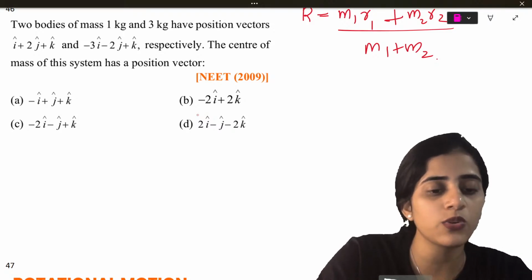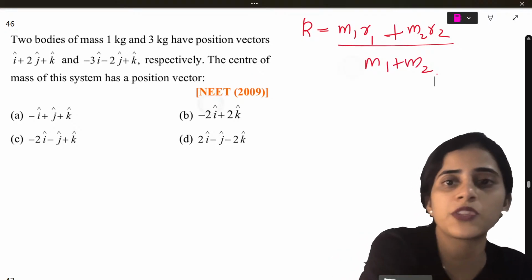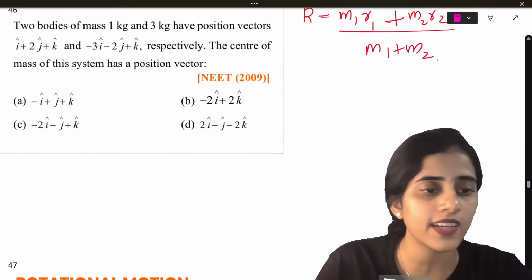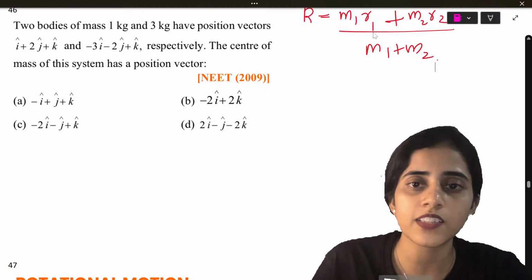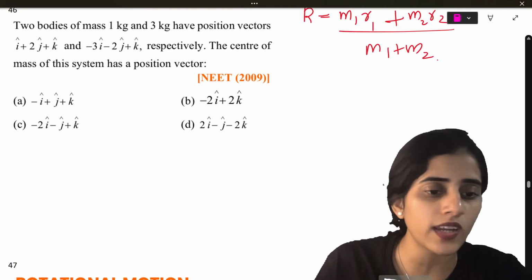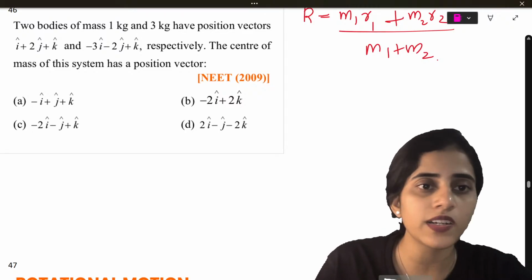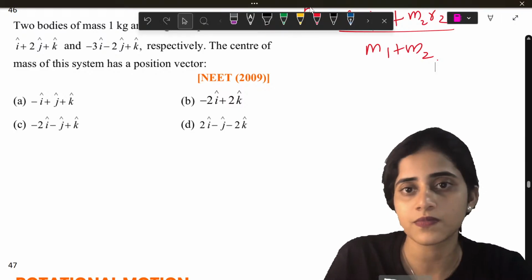So how will we do this? This is a formula. If you just substitute all the values in this formula, you will get the answer. Any answers in the chat? Mass M1 is 1 kg and M2 is 3 kg. R1 and R2 are given to you.